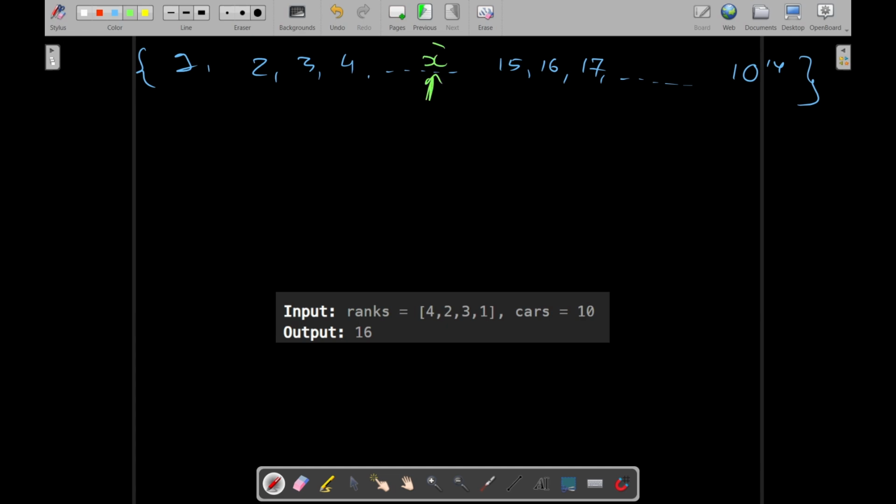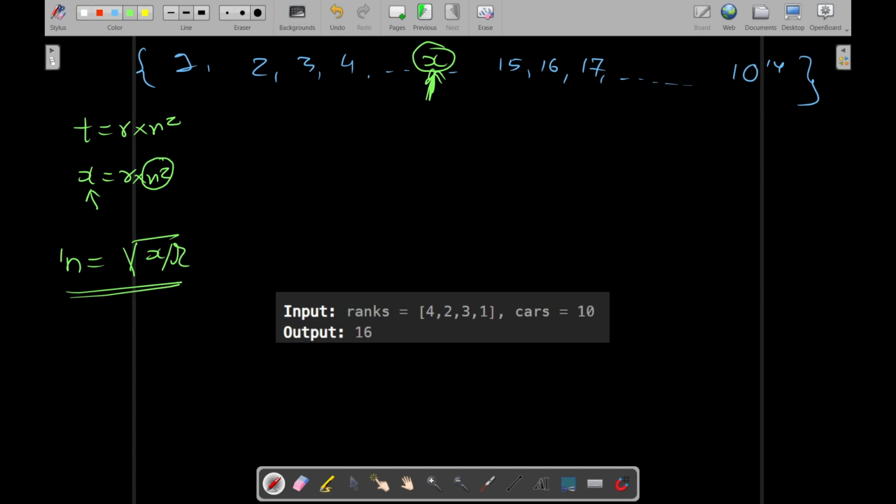Let us say X. And using X, you have to find out how many cars a mechanic can fix. So time is equal to rank cross n square. I have given you this X as the time. So X equals R cross n square. So n is the number of cars that each mechanic can fix using X minutes. So n can be denoted as square root of X by R.